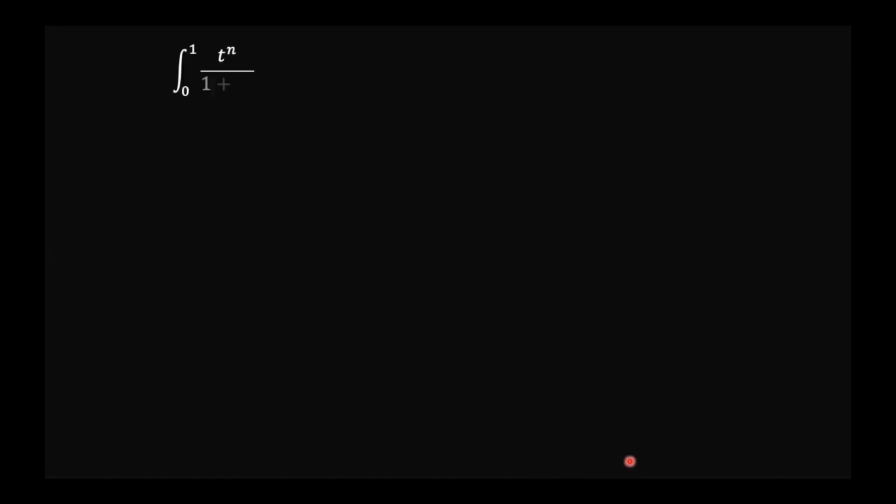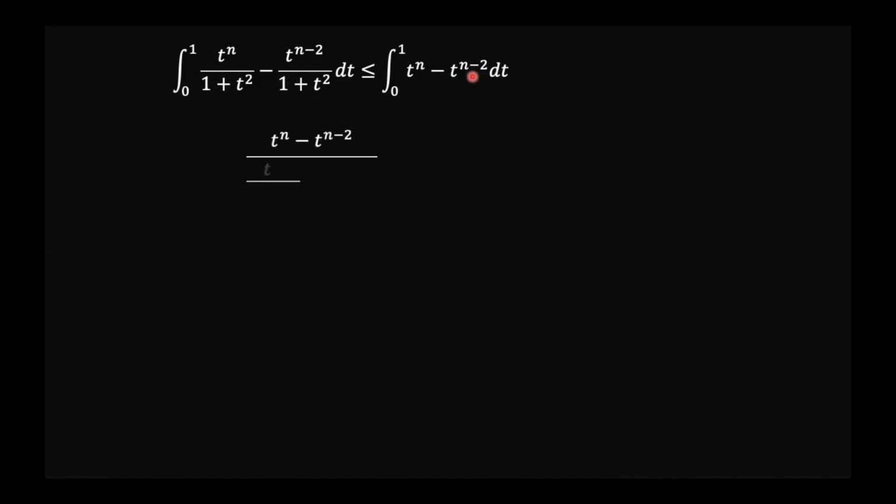So the difference that we're interested in is also less than the difference between t to the n and t to the n minus 2. We can show that by dividing t to the n minus 2 over 1 plus t squared, minus t to the n minus 2 over 1 plus t squared.